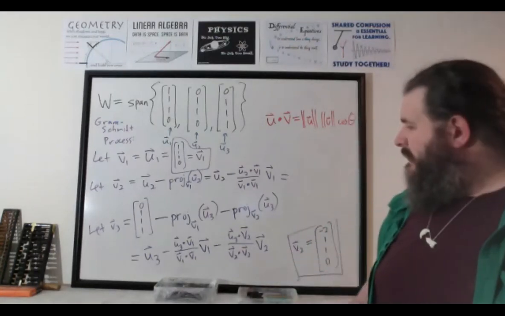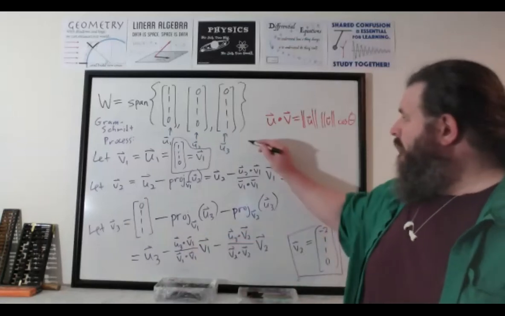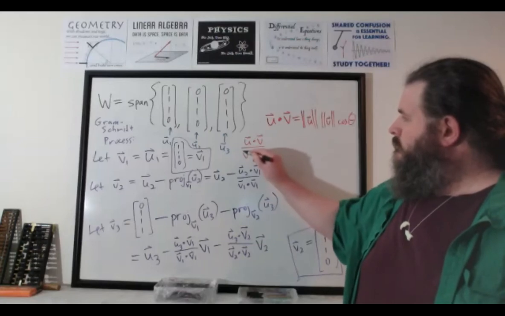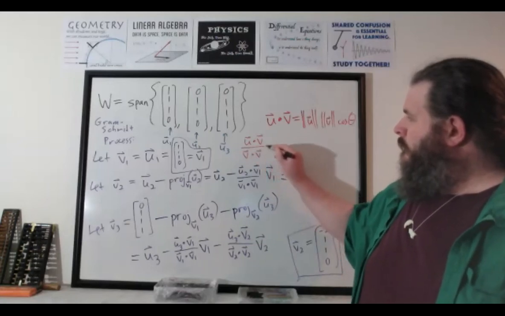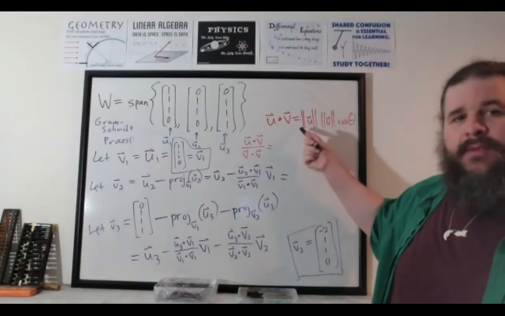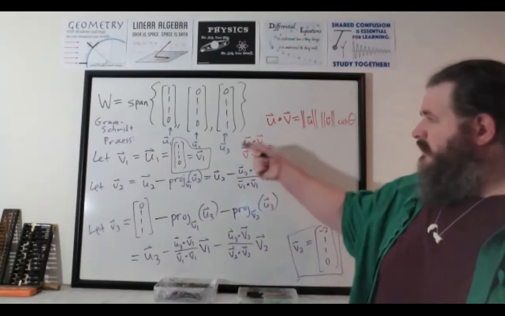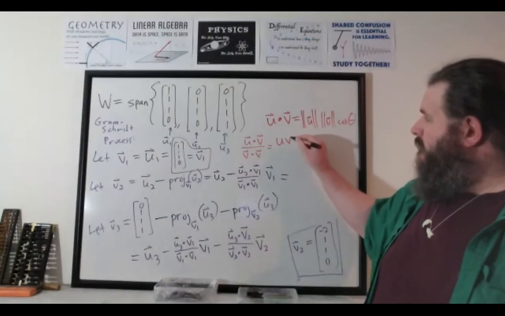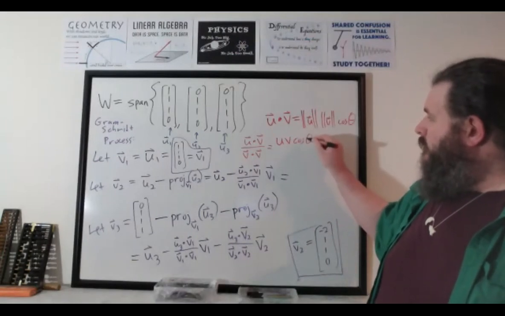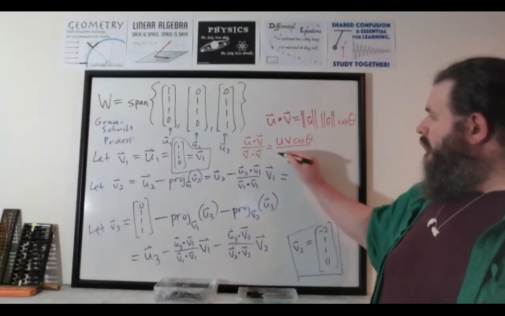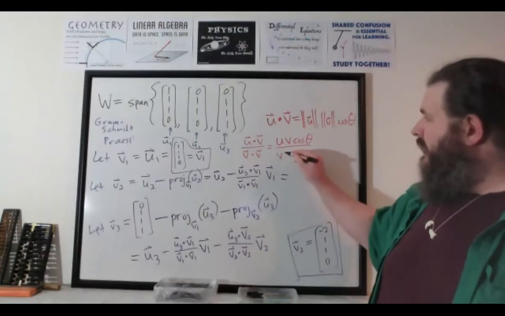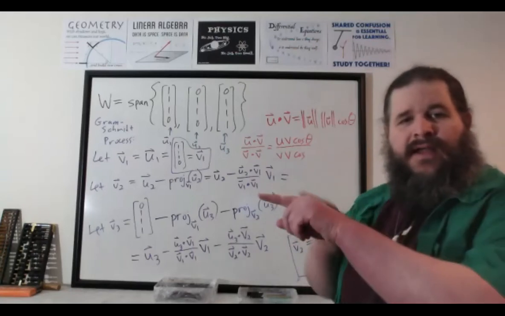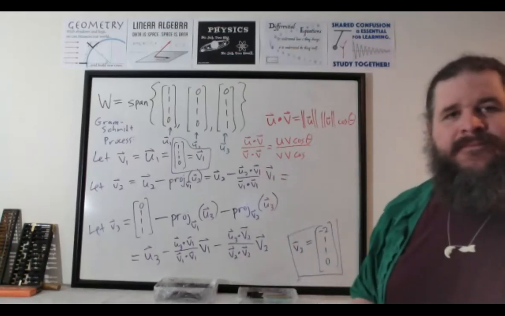So if you actually write out u dot v over v dot itself, I'm not going to bother writing the double absolute value bars. I'm just going to write it as u and v without the vector symbols. So magnitude of u times magnitude of v times cosine of the angle between them, over magnitude of v times itself times cosine of, and what's the angle between a vector and itself? 0.